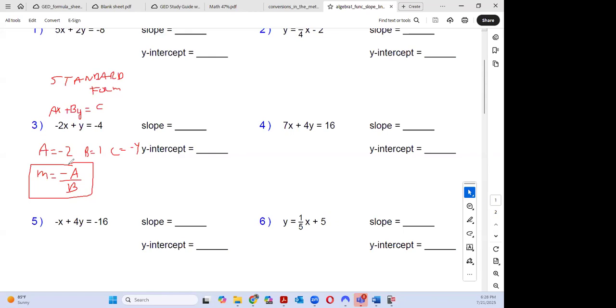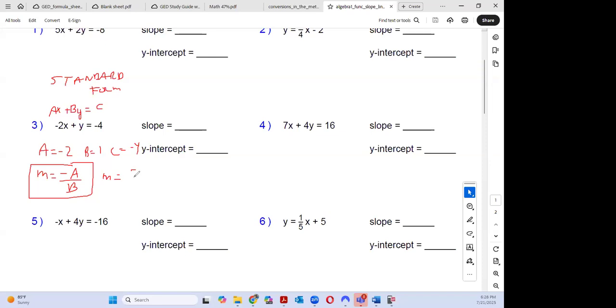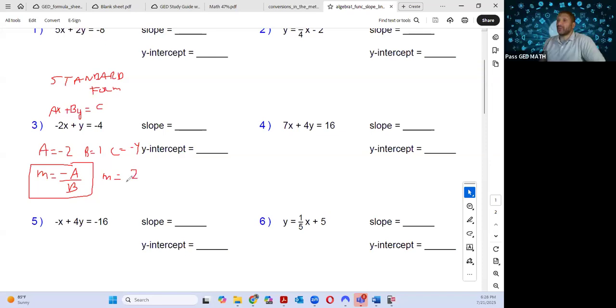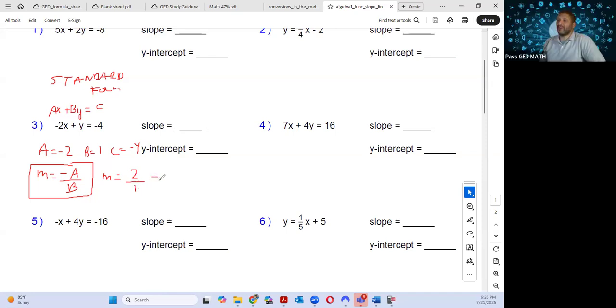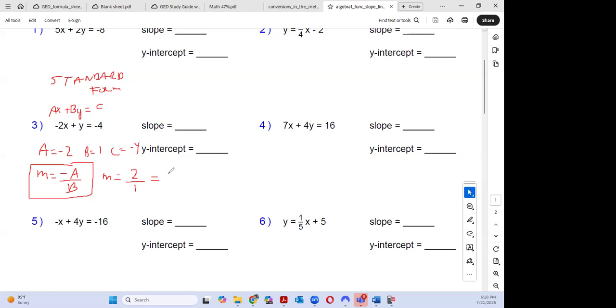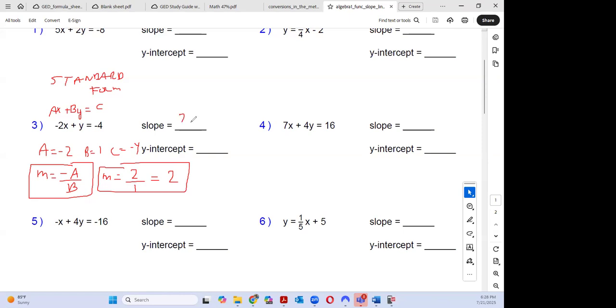Okay. So if A is -2, what's the opposite of -2? Positive 2. B is what? 1. 2 over 1 simplifies to what? 2. So the slope of this line is 2.